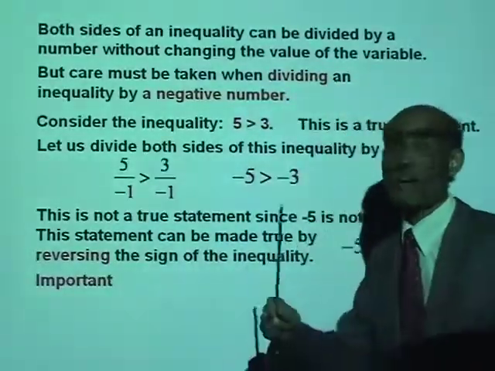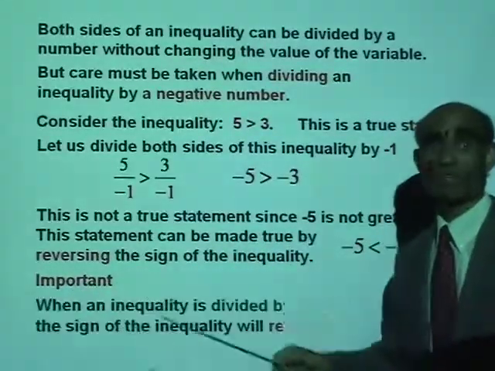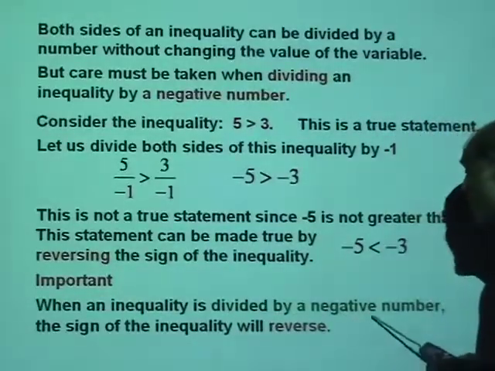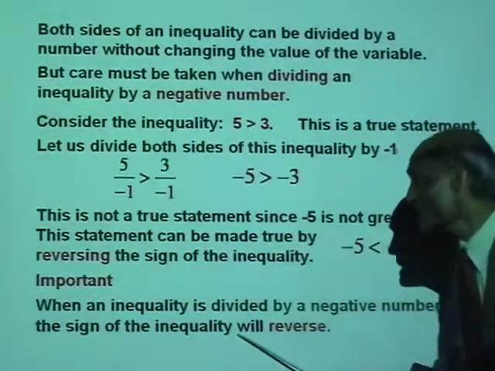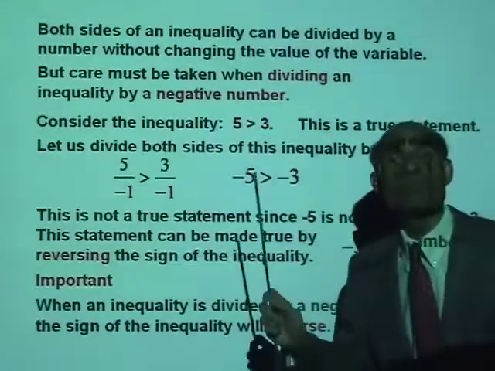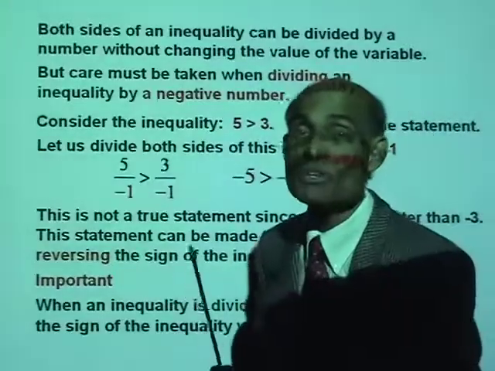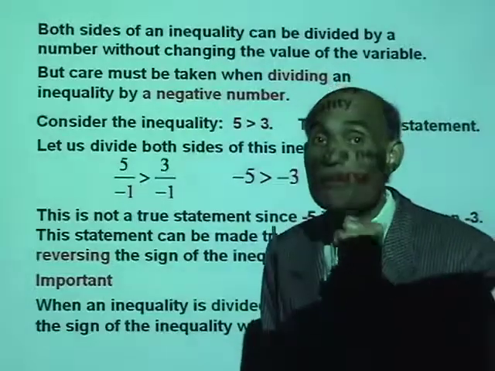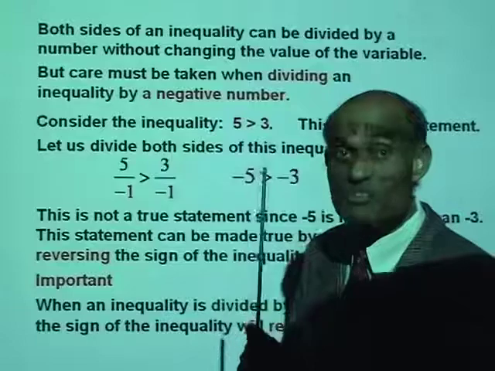Alright, don't forget that. I'm going to keep telling you this all the time. Very important. When an inequality is divided by a negative number, the sign of the inequality will reverse. Always remember that.